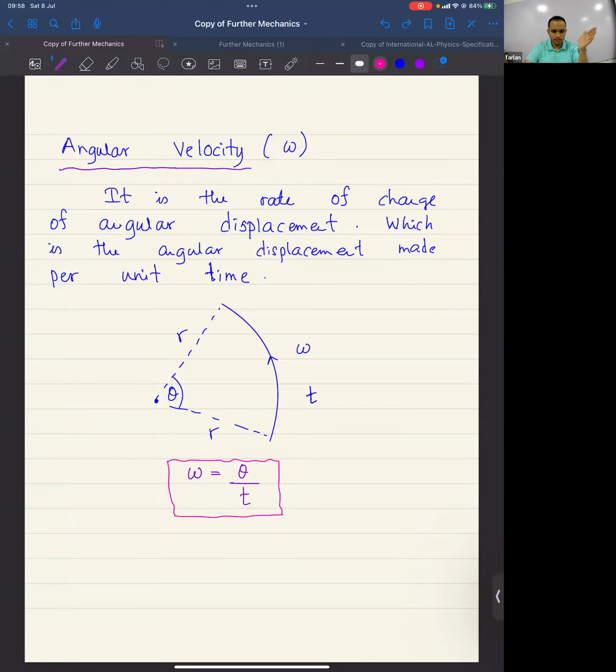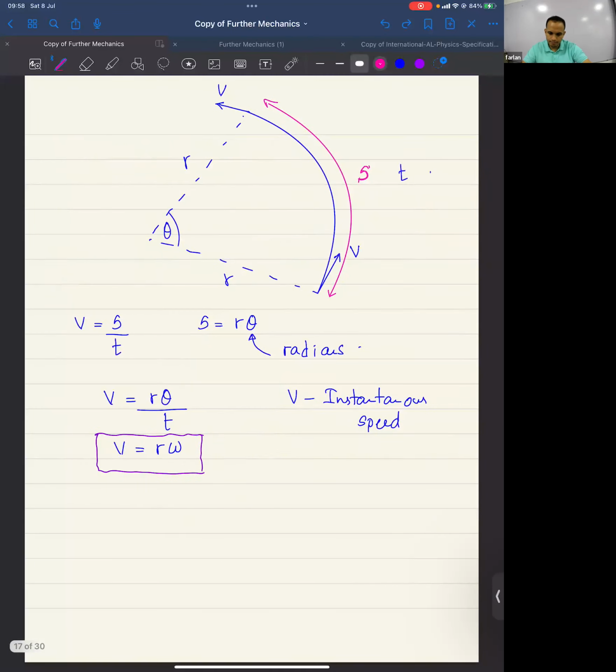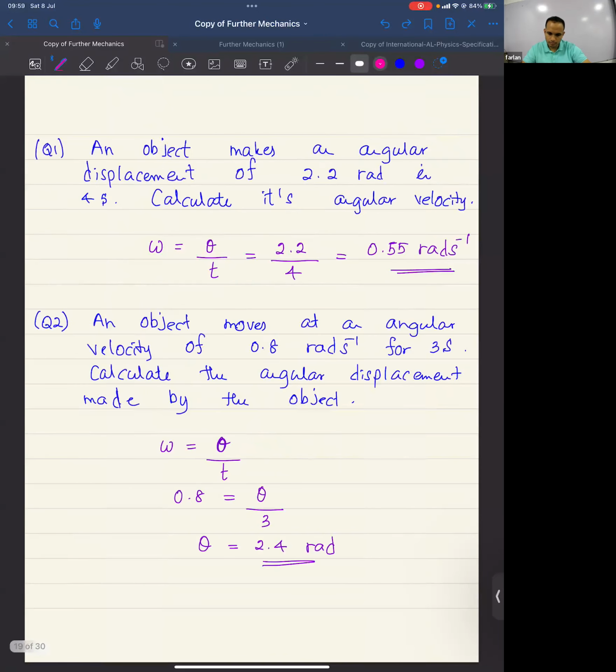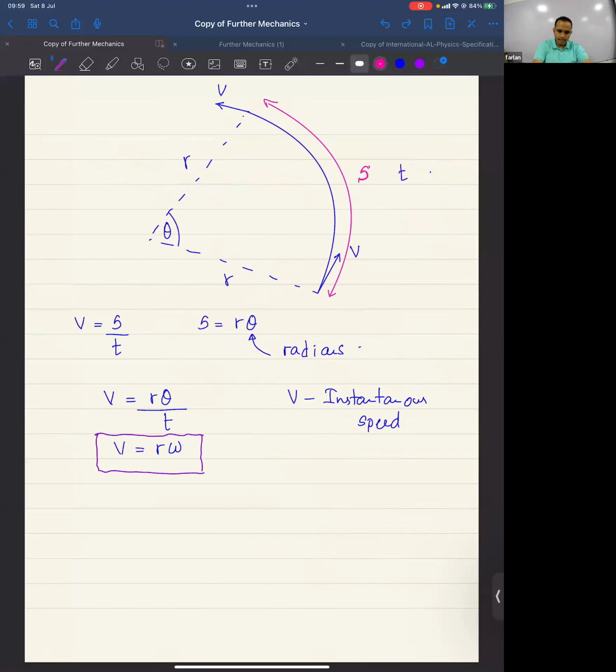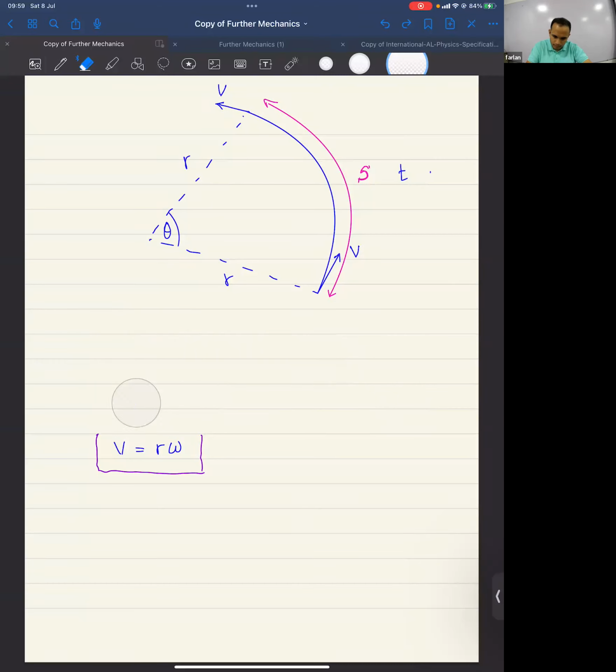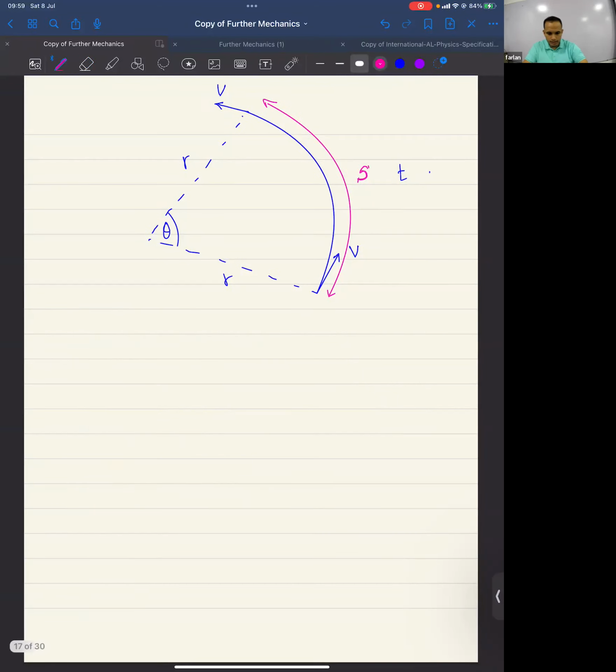Angular velocity equals angular displacement over time t. Correct? Right. Now guys, let's say there is this object moving from this point to this point.